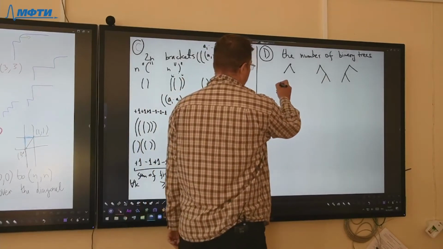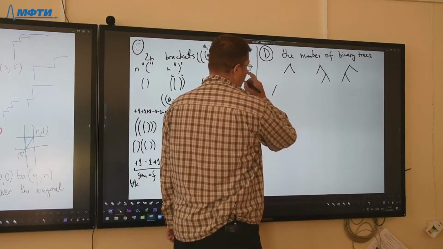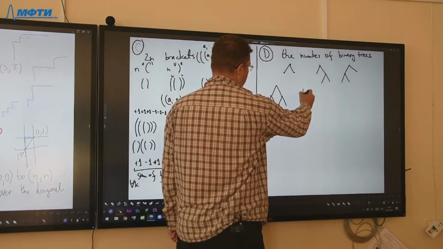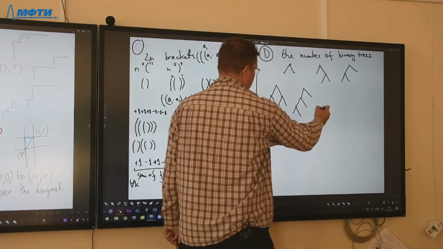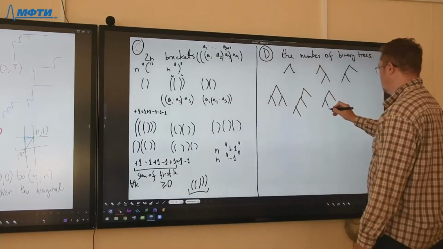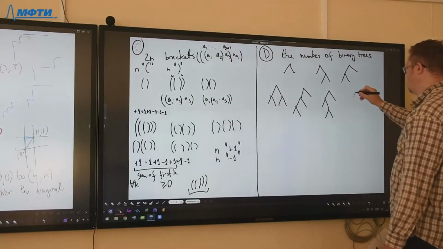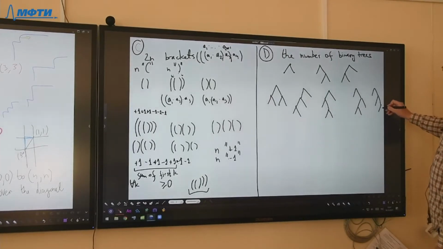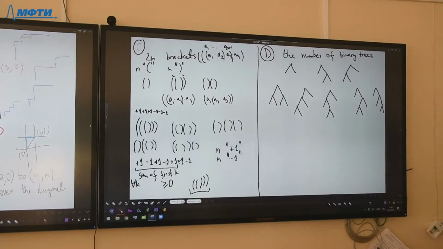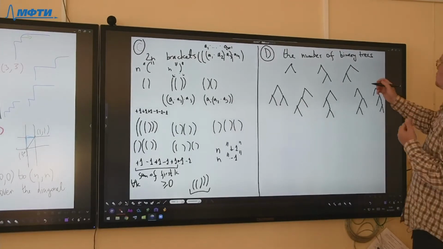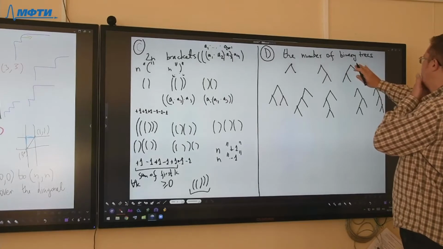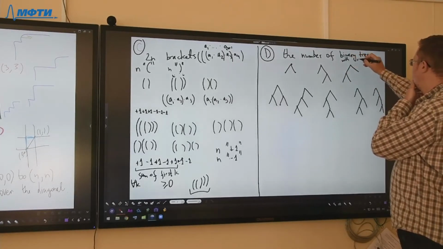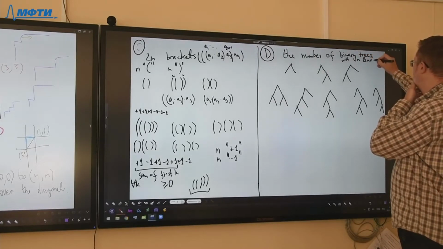And for 5 vertices, I will have this picture, this picture, this picture, this picture, and so if I want to correspond with the previous one, I should write something like the number of binary trees with n leaves.